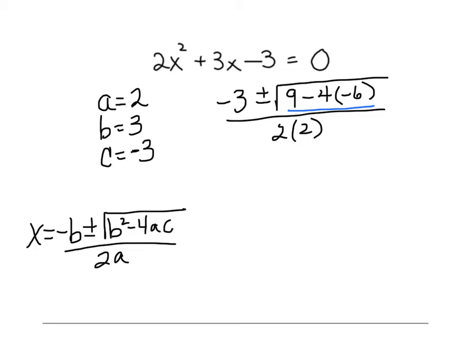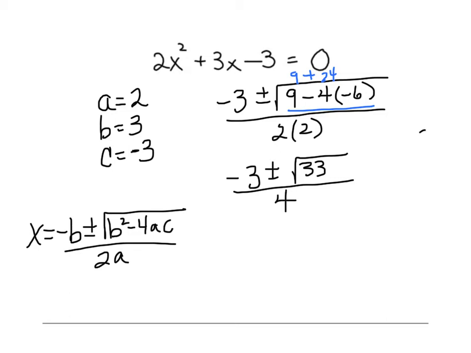So I've got negative 24, so I've got 9 plus 24, which is what? 33? Okay, I'm glad you know that. So this is negative 3 plus or minus the square root of 33 all over 4.